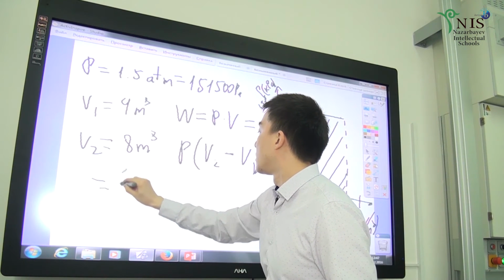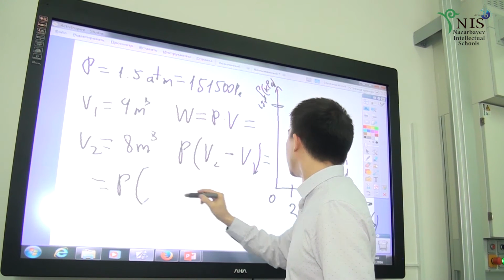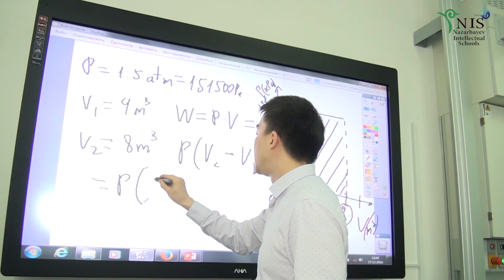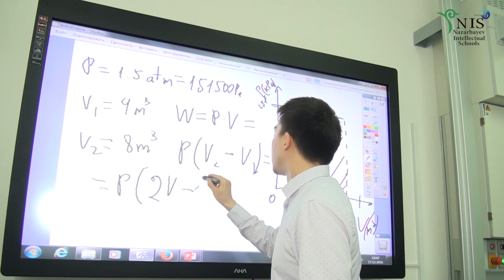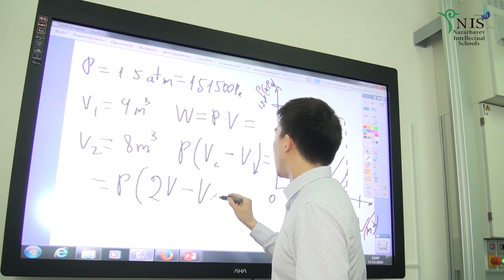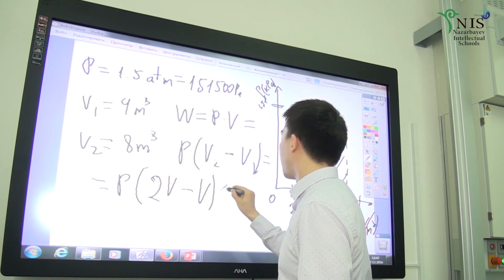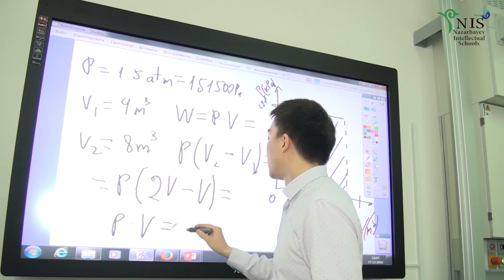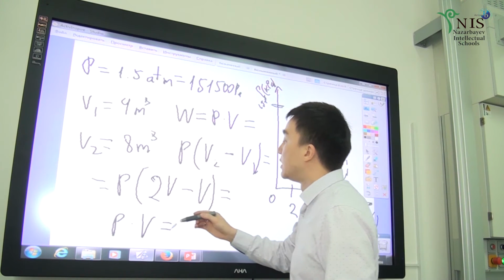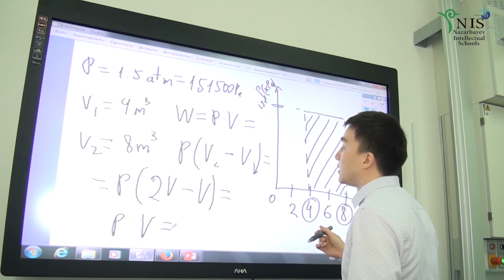So our volume 2 is equal to 8 meter cube, as it expands twice, minus the initial volume. It's equal to pressure multiplied by the volume change itself. So now let's put in the physical magnitudes.